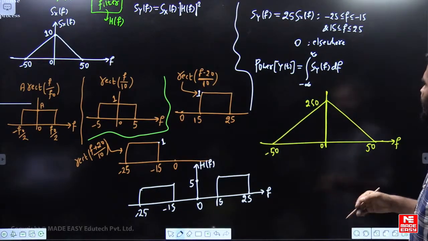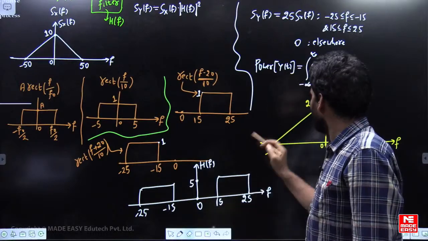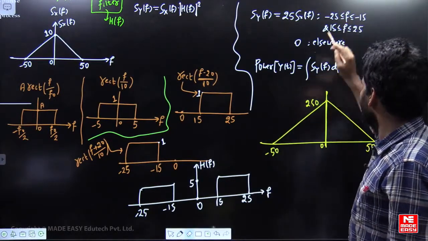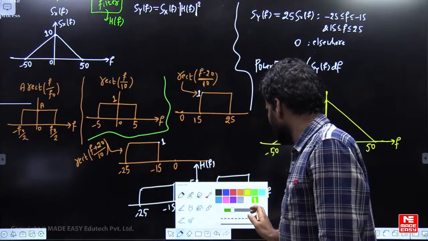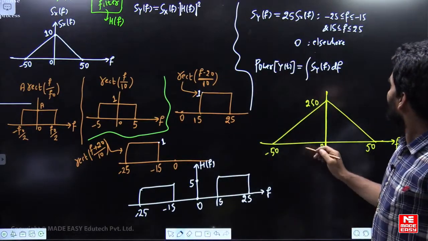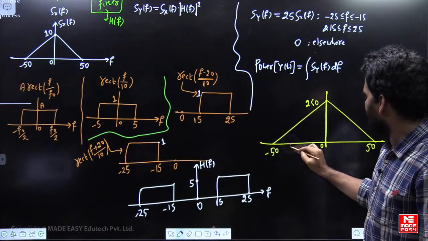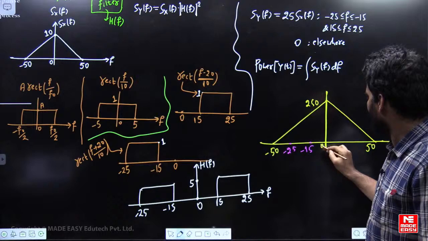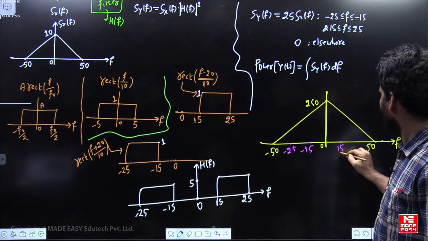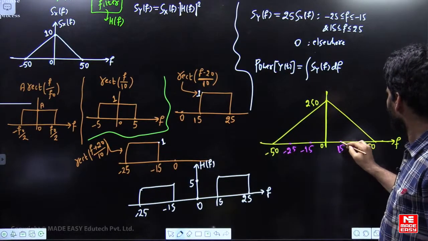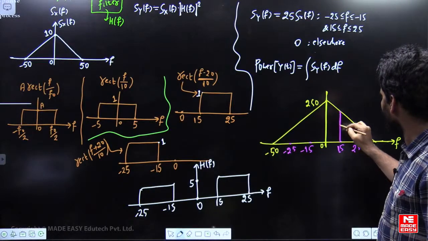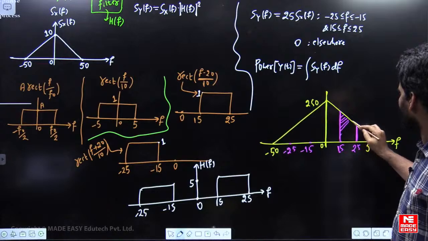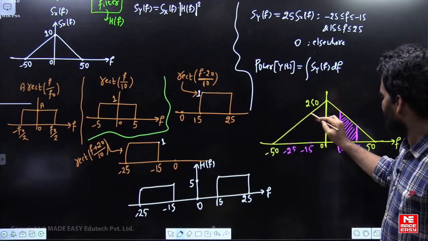But we need to find the area under this. It's not minus infinity to infinity, because it is giving non-zero values only in this range. So we have to find the area. This is in the interval minus 25 to minus 15, and this is 15 to 25.